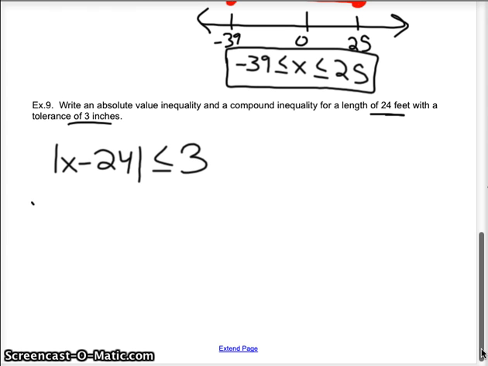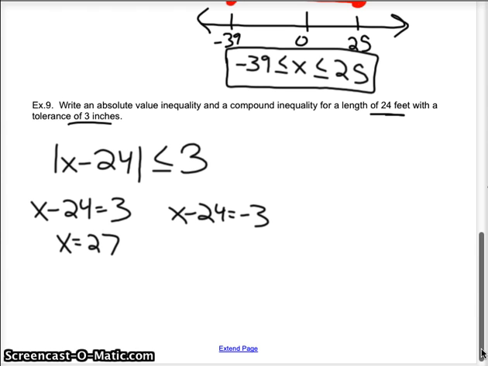So our 2 equations: x minus 24 equals 3, x minus 24 equals negative 3. Add 24 here to get 27. Add 24 here to get 21. So we have our 2 endpoints.